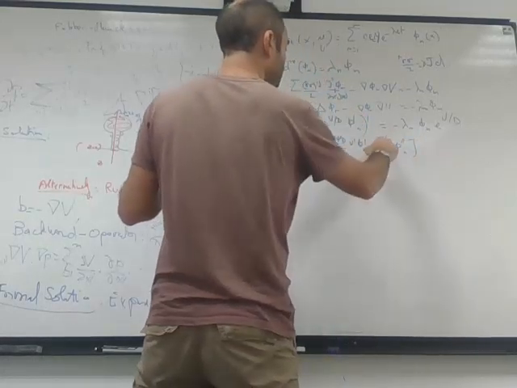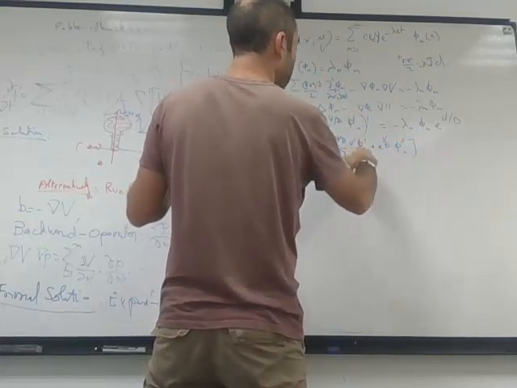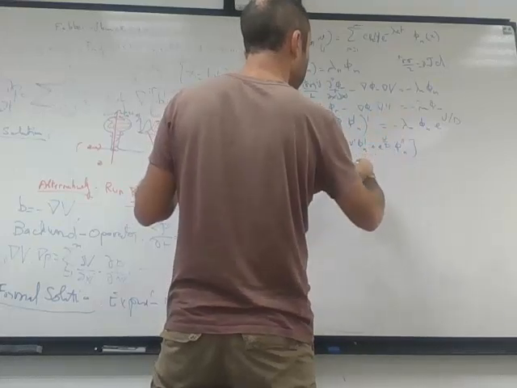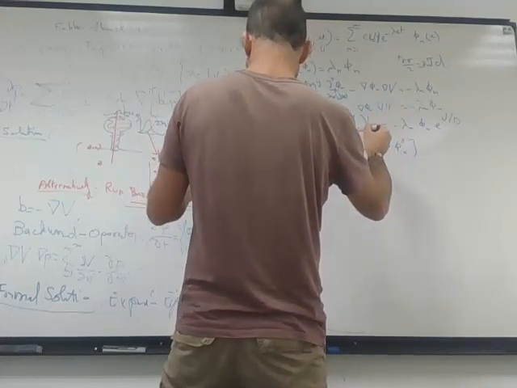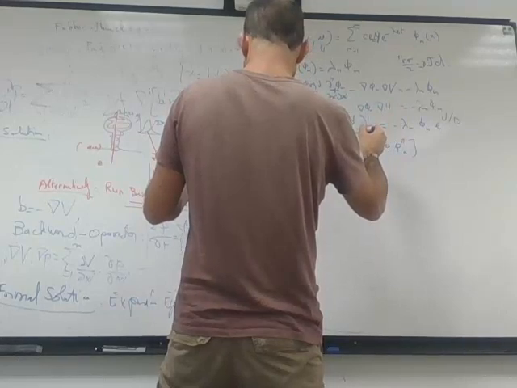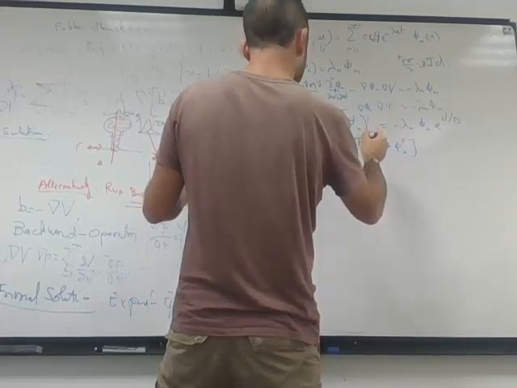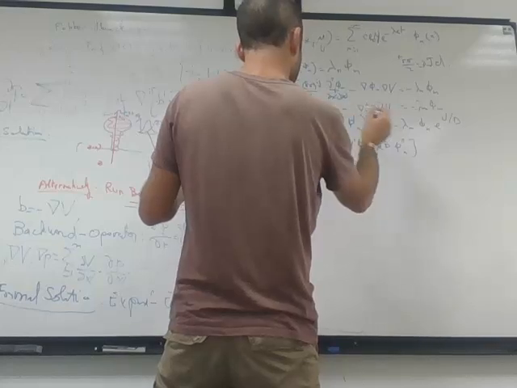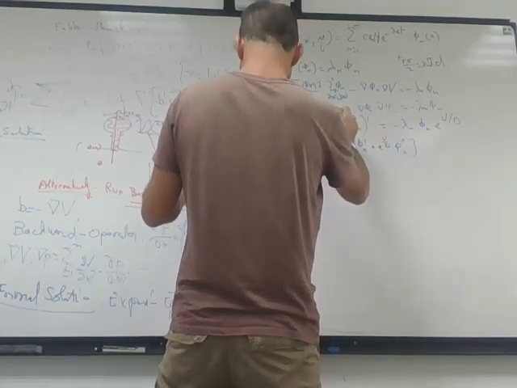Right? So the exponential goes away. Phi prime, this is this term. So I need a minus somewhere. So it should be here.